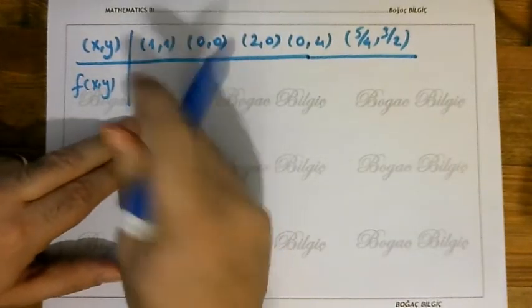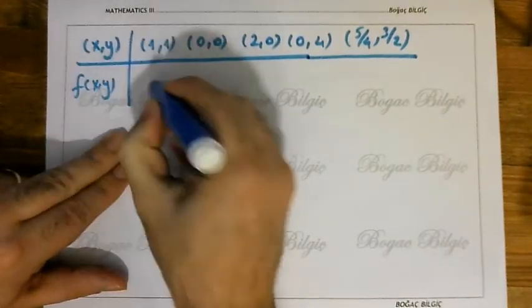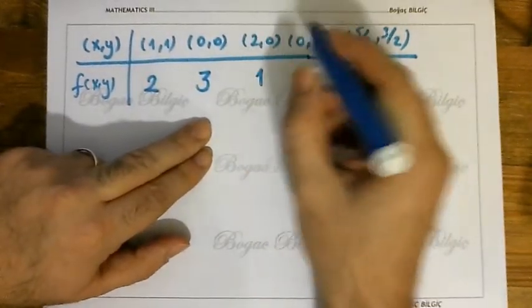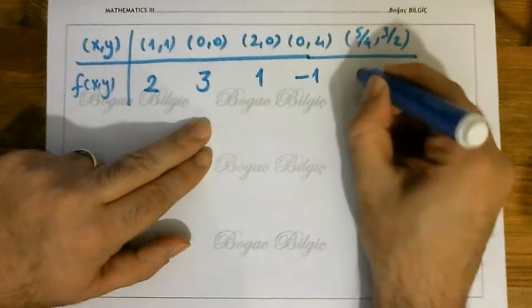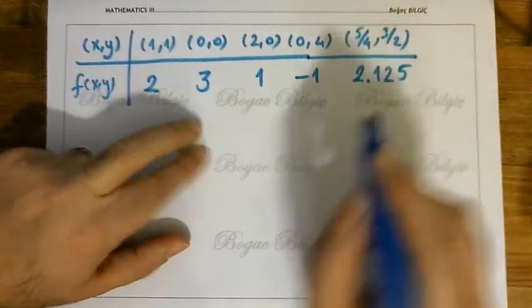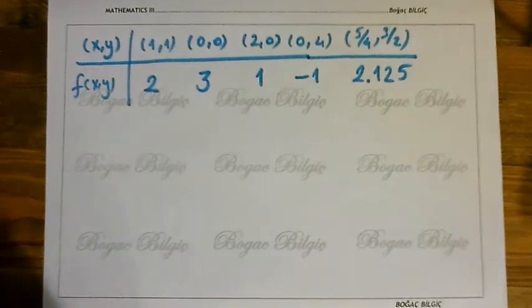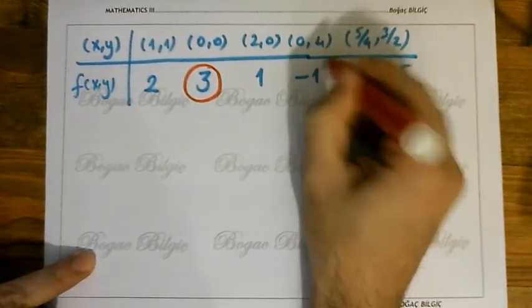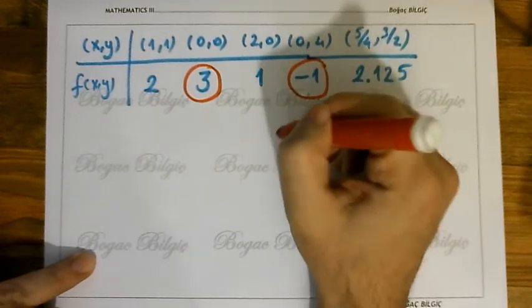Values of f function are easy to calculate: 0, 3, 1, minus 1 and 2.125. So this point is max. This point is min.